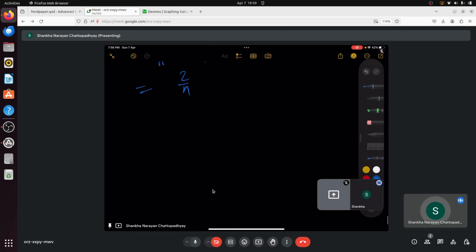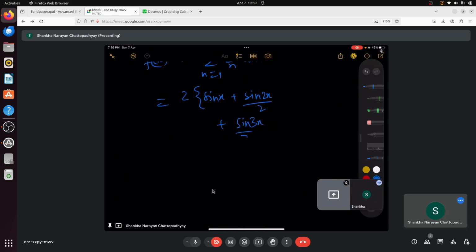So what is our answer? Our answer is f(x) equals sigma n equal to 1 to infinity of 2 by n sin nx. This means 2 sin x plus sin 2x and so on. This is the answer.